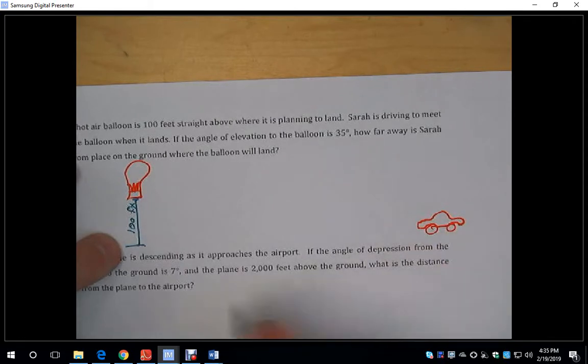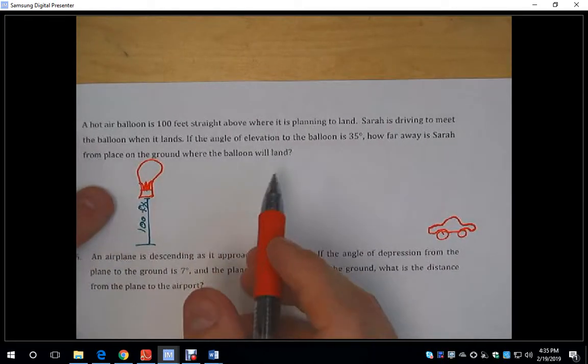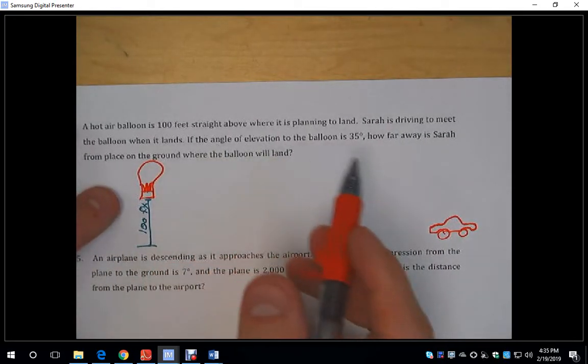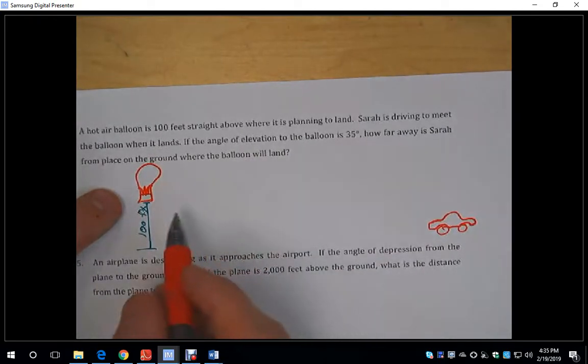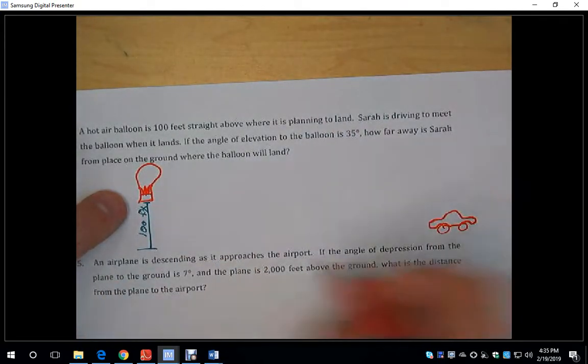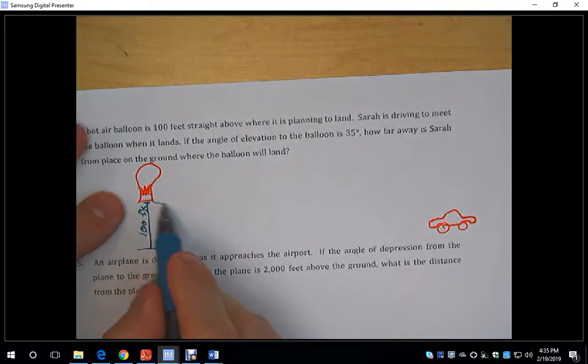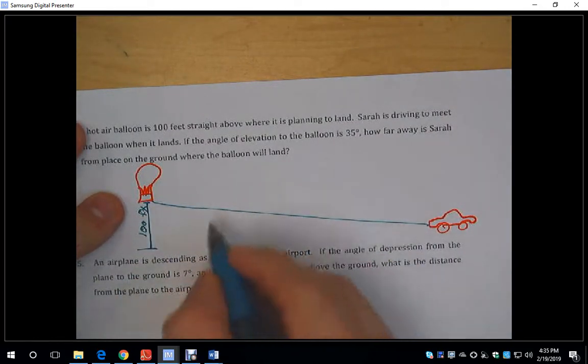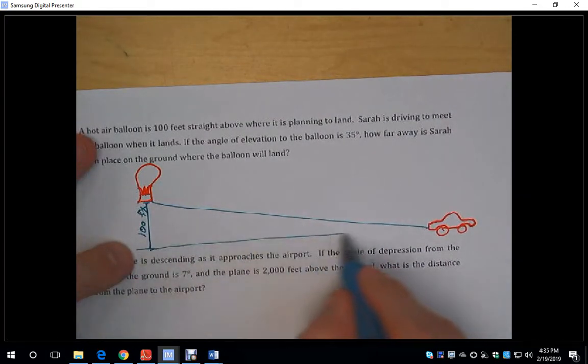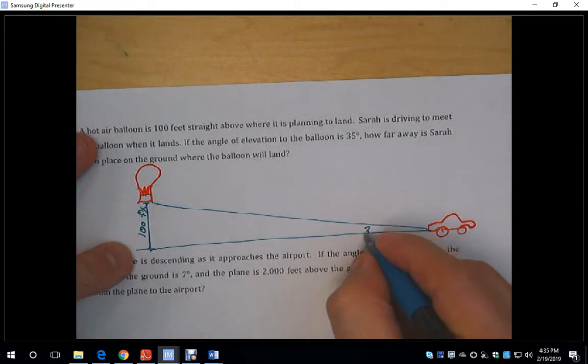Not a great car, but nevertheless. And the angle of elevation to the balloon is 35 degrees, so that would mean that this is 35 degrees here.